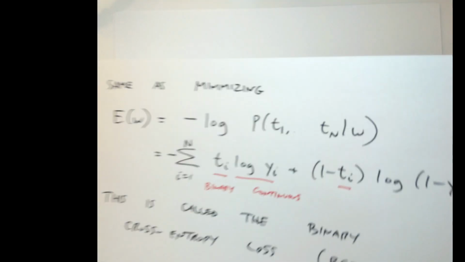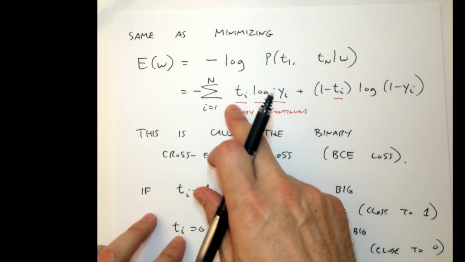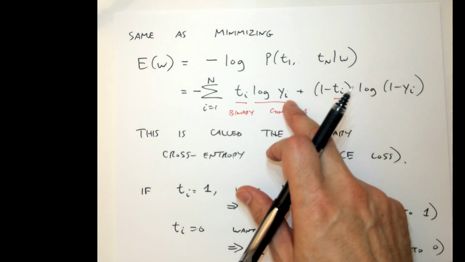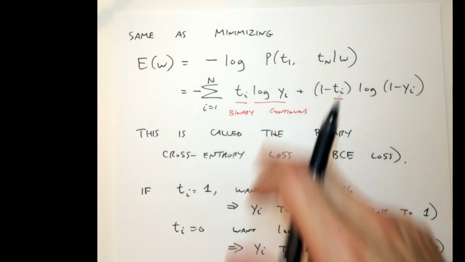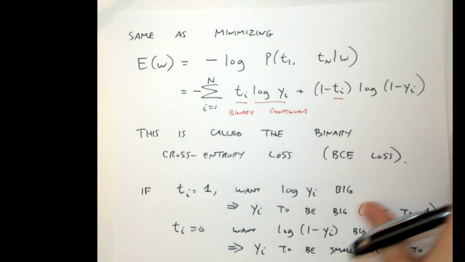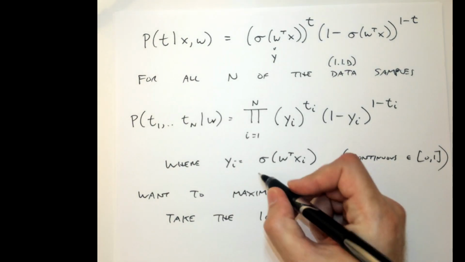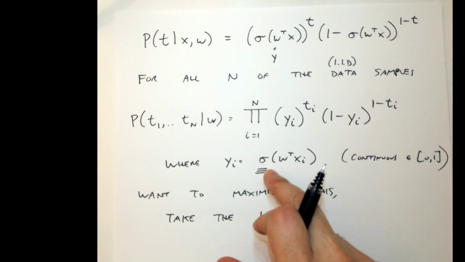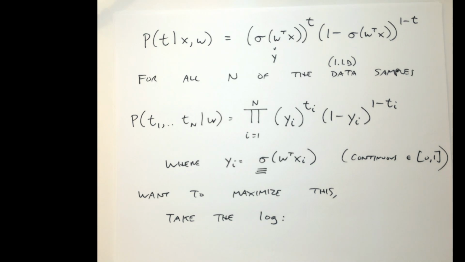So let's go back to the binary case for a second. Suppose I've just got 2 classes, and I'm trying to find the best w's. The problem is that this y here includes this sigma, a nonlinearity. This sigma is what makes everything complicated, because when I take the derivative, it is no longer a simple linear system.